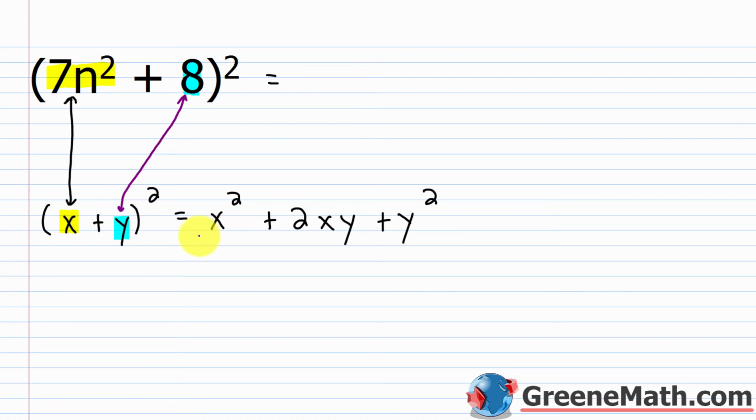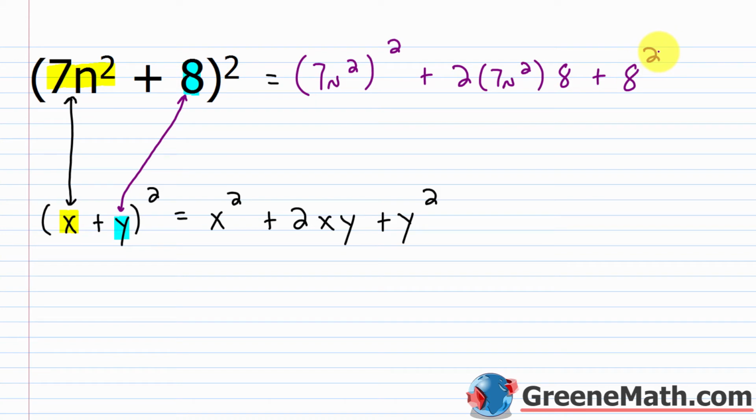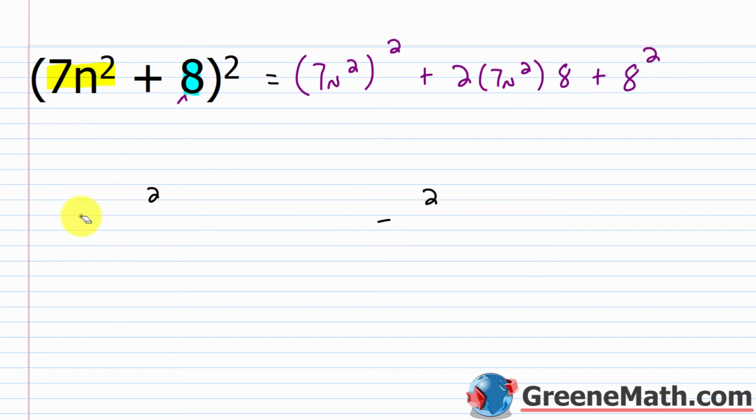So what I'm going to do is just say, okay, in this one I have the first term squared. So 7n squared will be squared. Then plus, I have 2 times the first term times the second term. So 2 times 7n squared times the second term, which is 8. Then plus y squared. So it's the last term squared. In this case, that's 8. So 8 squared. All right, so let's erase this.